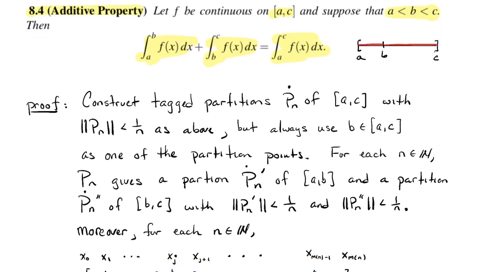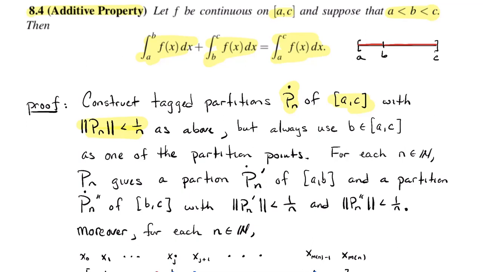Okay, so how to prove that? Well, let's take those tagged partitions we constructed above, those families. So P sub n dot is a partition for every n. We're partitioning the interval from a to c. Its norm is less than 1 over n, and we're choosing the tags as the left endpoints.